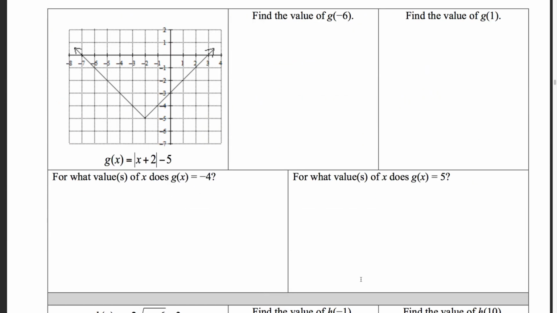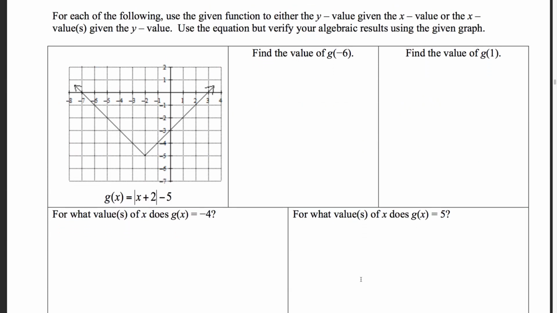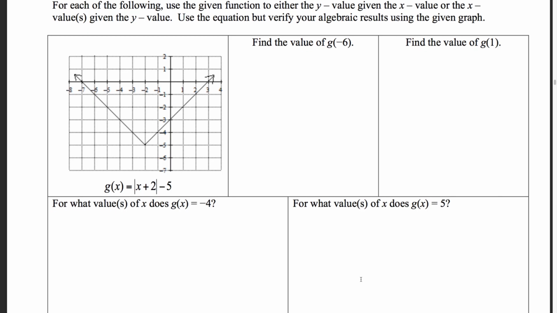So here we go. Starting on the next page, find the value of g of negative 6, g of 1. Let's start by doing what we've already learned. Lulu, could you find me g of negative 6? And Annie, could you find me g of 1, please?